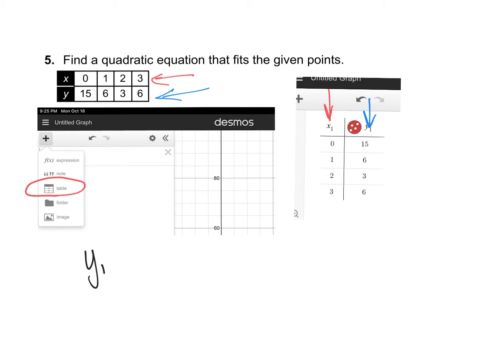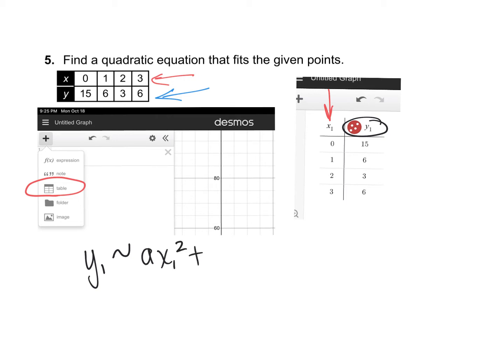Y sub 1, and we're using the sub 1 because over here where we have the table of values, we want it to look at this value when it looks for y. So we want it to look at the chart at y sub 1. Tilde is on your keyboard right above the escape key on the top left, or it's on your Desmos graph keyboard as well.